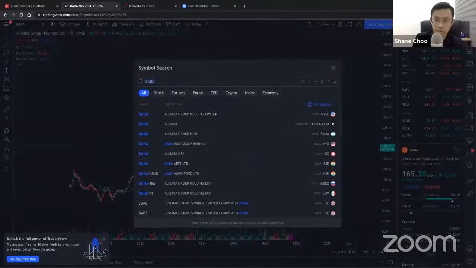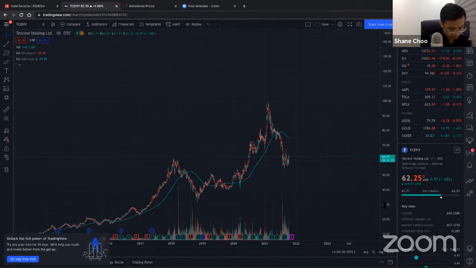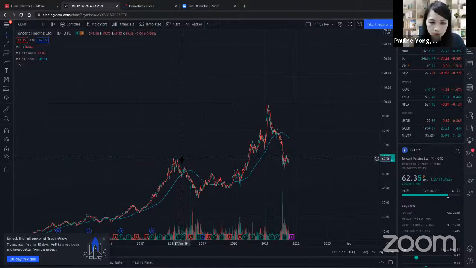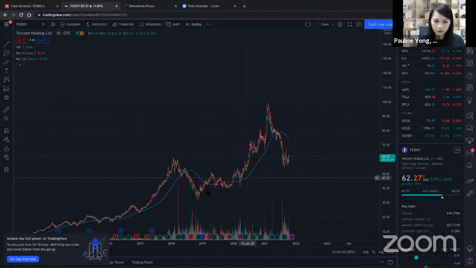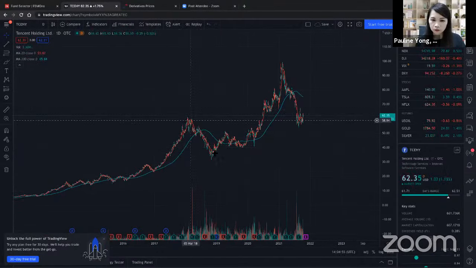MMSB, okay. Or Tencent first, Tencent. So for Tencent, it is below the 200-day moving average. And also we are looking at, okay, this one is over. And then I'm looking at 1. Okay, let's say this is 1, 2, 3, this cannot be 4. So let's zoom out first. Okay, so this one, 2.